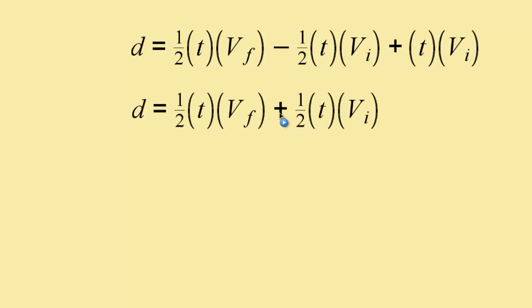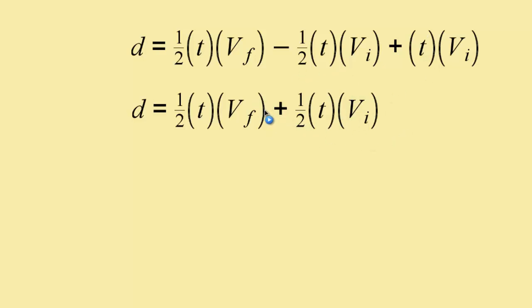And that's where this positive comes from. So the displacement's 1/2 times the final velocity, and this negative turns into a positive because negative 1/2 plus 1 equals positive 1/2. And if you catch that eliminates some confusion that some people have with this step.